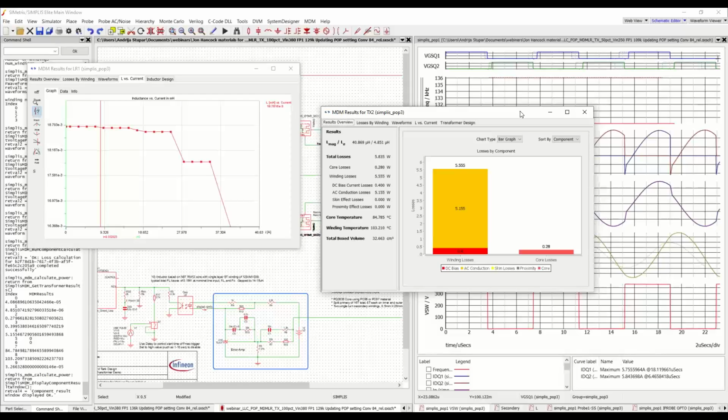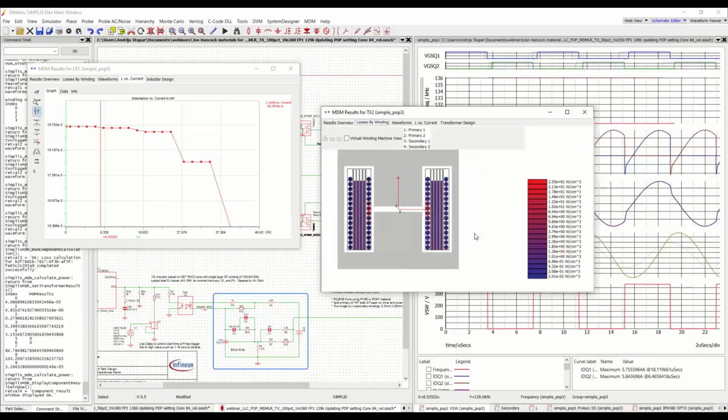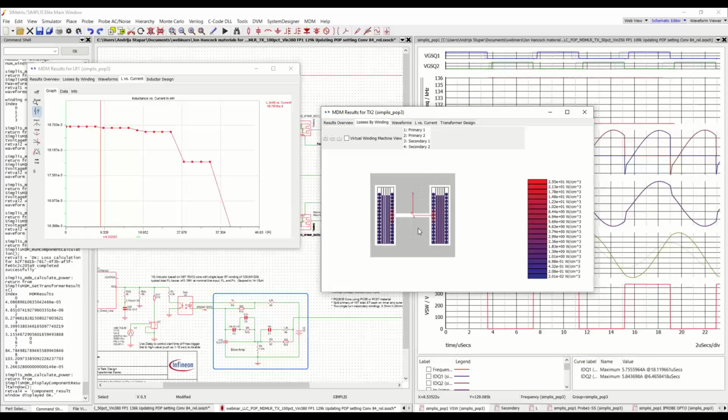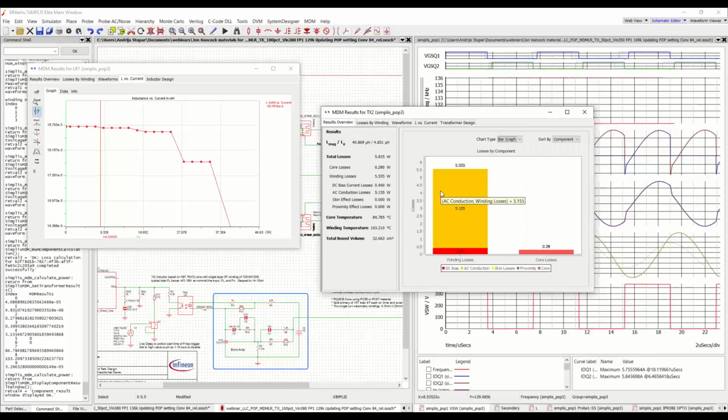And here we have almost 6. So we have 5.835 watts. Following the conventional wisdom, core loss was minimized, but we have this rather large AC conduction loss, even though we're using foils. So the question is, what can be done here to improve this design?